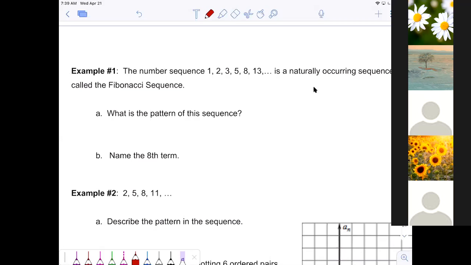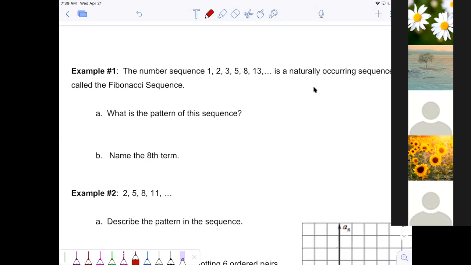So there is a pattern in this list of numbers, and the pattern's a little hard to kind of distinguish. And that's going to be one of your goals tonight. Can you distinguish the pattern in the list of numbers? So look at this list of numbers. Try and think, what could you do with these numbers? How is the next one created? So how could I go beyond 13?